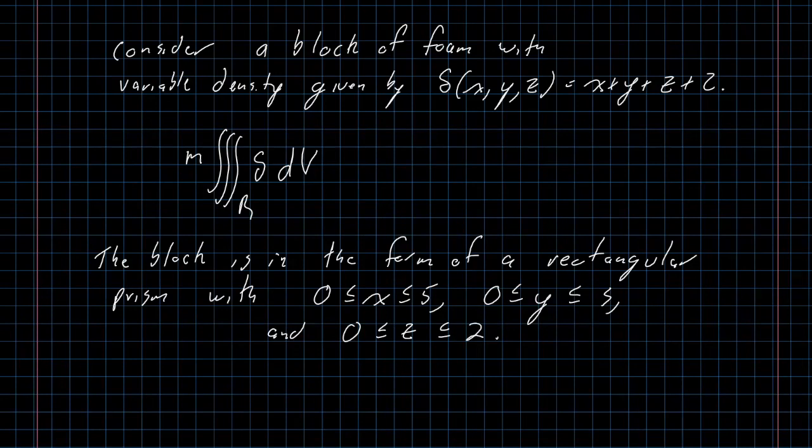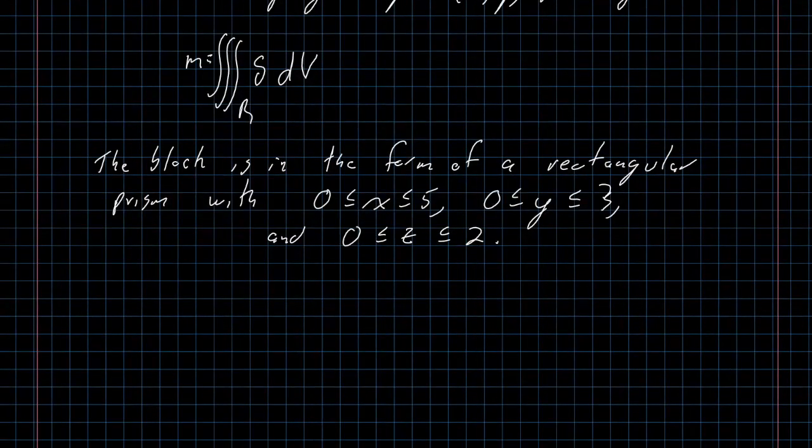We're looking at the block in the form of a rectangular prism with x between 0 and 5, y between 0 and 3, and z between 0 and 2. And so to calculate the mass of this thing, we can iterate that integral.